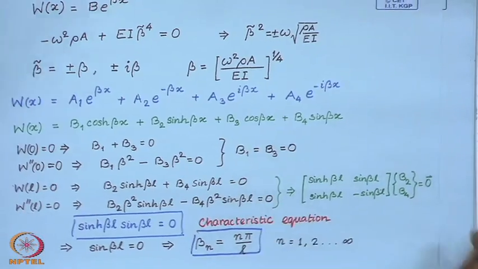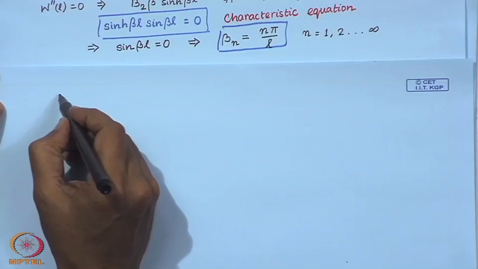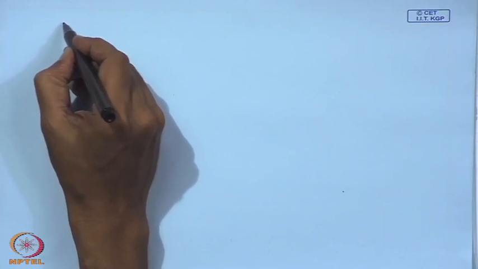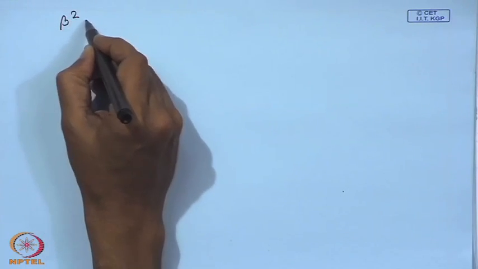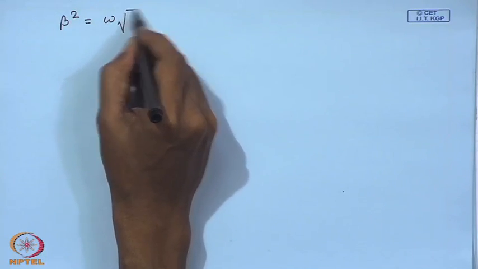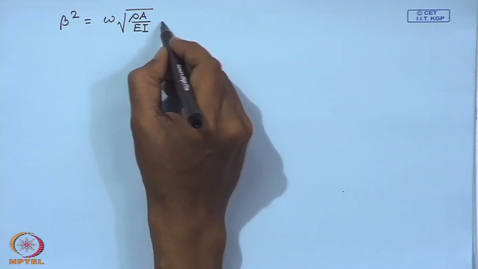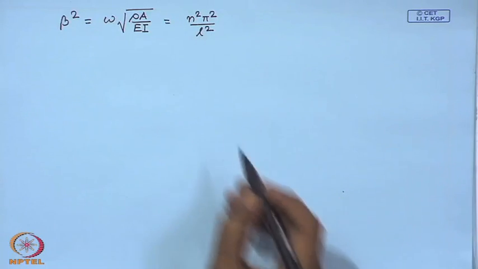Therefore, using these two, beta square is, and that must be as we have obtained.